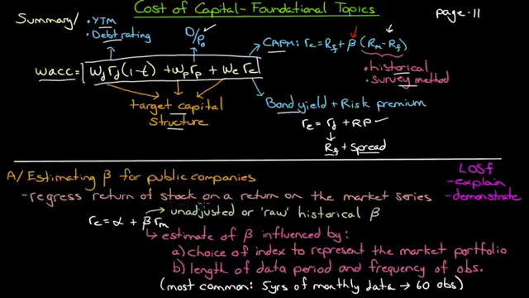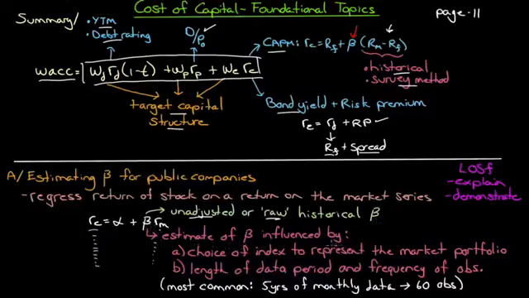Regress the return of a stock on the return of the market series. So it's just the return on equity, which is a series we'll already have. We'll have a monthly series for this. We'll have a monthly series for the market return, and you regress it, and the regression will estimate beta. And the beta that it estimates is called an unadjusted or raw historical beta.